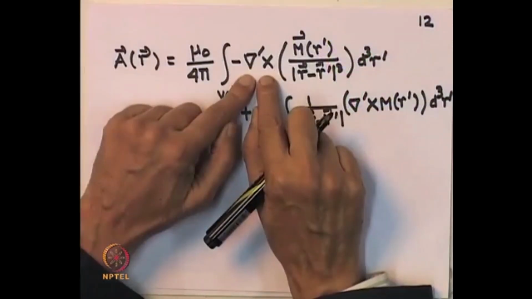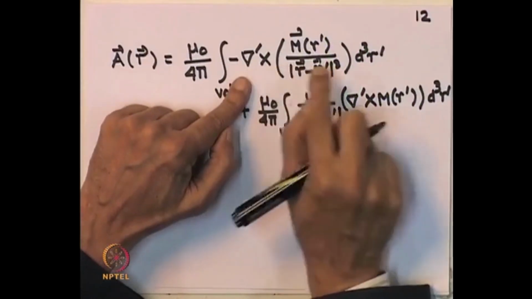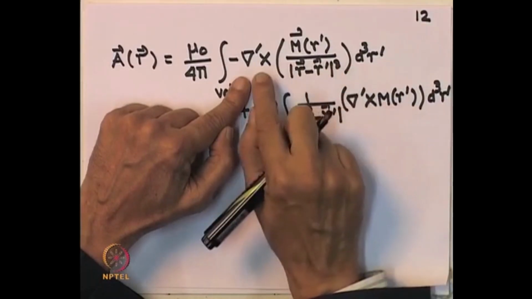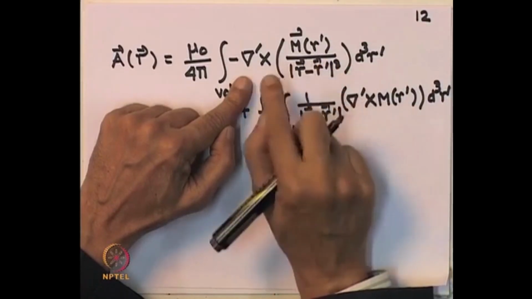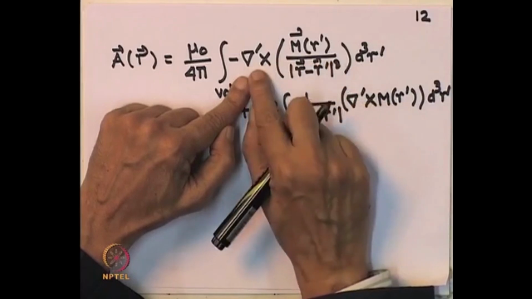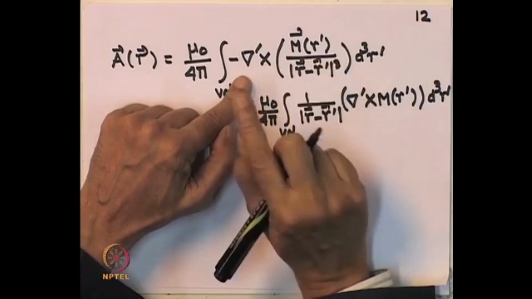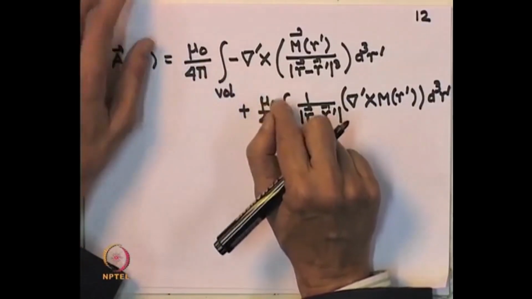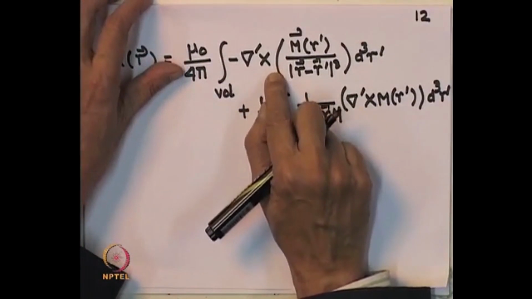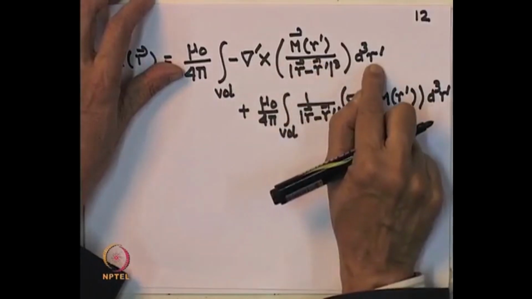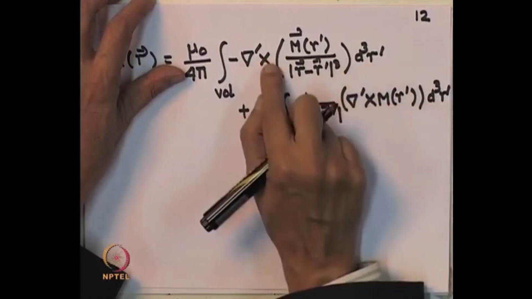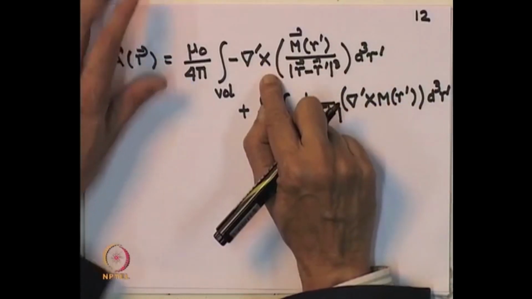Firstly, you notice this expression here, del prime cross this quantity, d cube r prime. Now, by an argument very similar to what we had in case of Stokes theorem, excepting that Stokes theorem was used to reduce the surface integral of a curl to a line integral. In this case, because it is a volume integral, we will reduce it only to a surface integral.